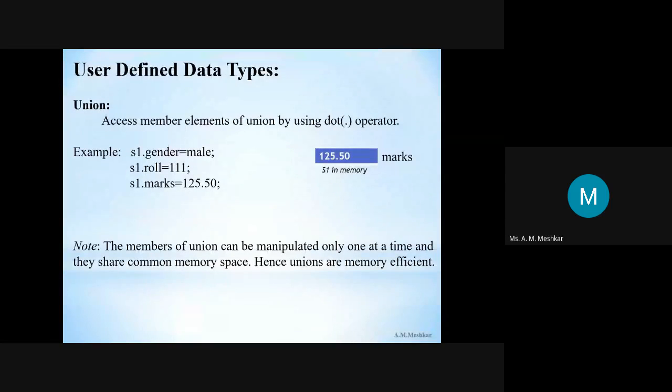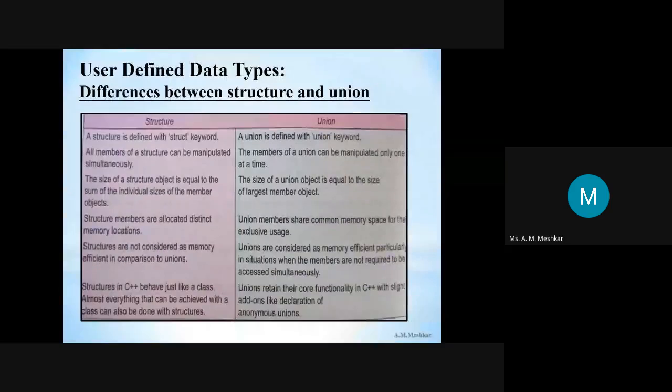Though they are similar in concept, the only difference is that structure members are allocated distinct memory locations and union members share common memory space. The size of a structure object is equal to the sum of individual sizes of the member objects. The size of a union object is equal to the size of the largest member object. And that we have already seen with the examples.